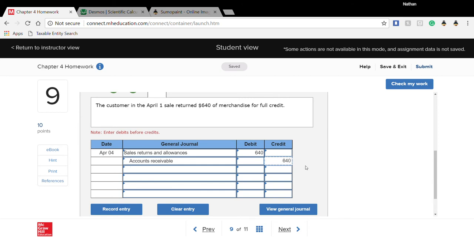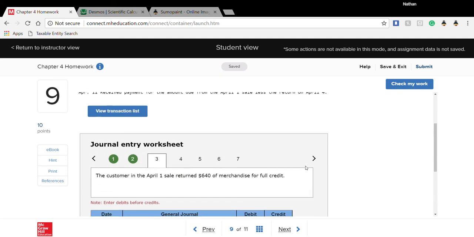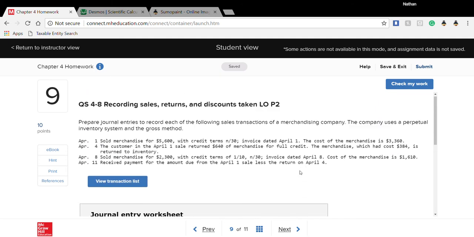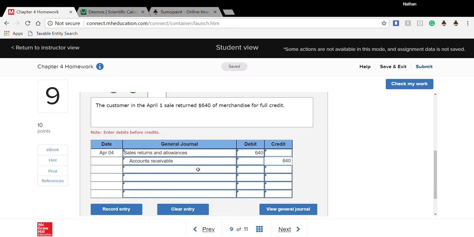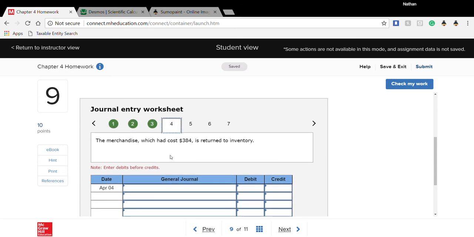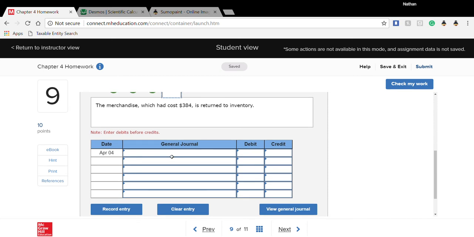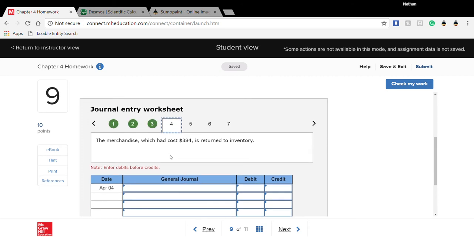Now I told you usually these dates tend to have a second account, especially if they actually state that there is a cost associated, which most likely there is. So part 4 is going to deal with the cost. Alright, so we return the merchandise. This one's a little bit easier because it is a flip. So it's going to look like the journal entry of when we sold it, except these two accounts actually do flip.